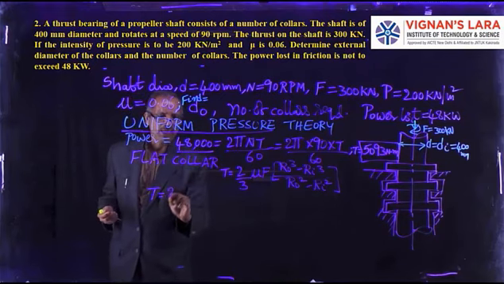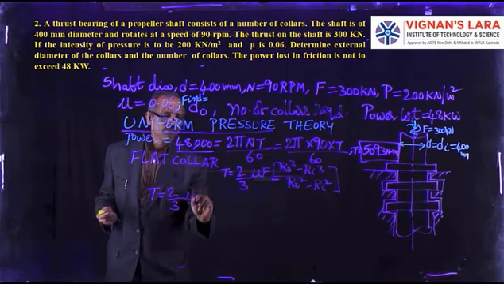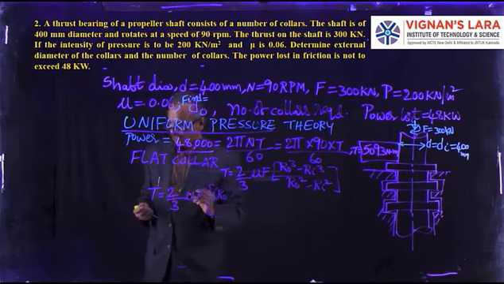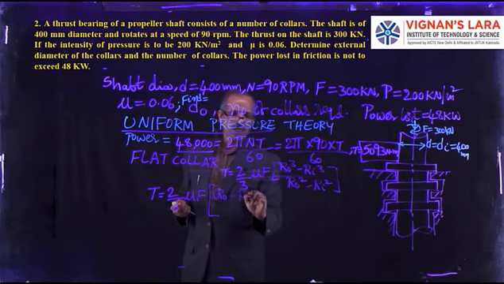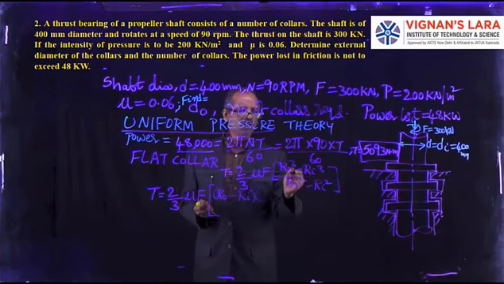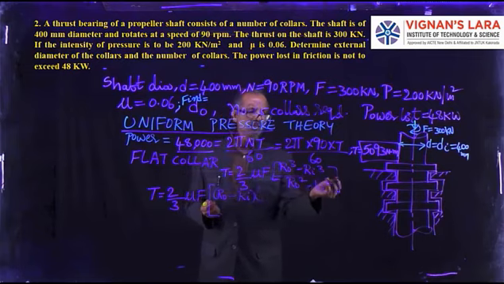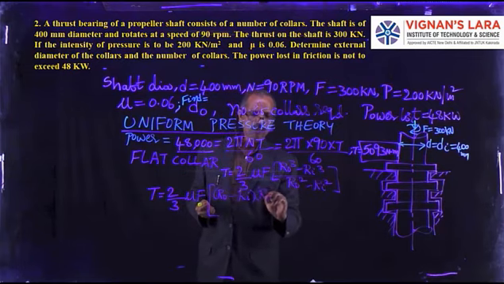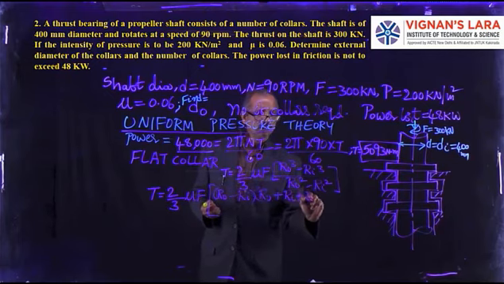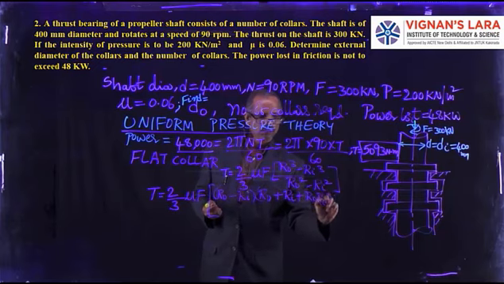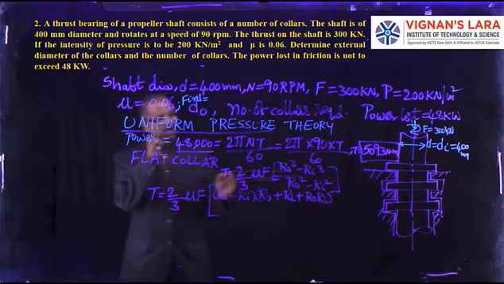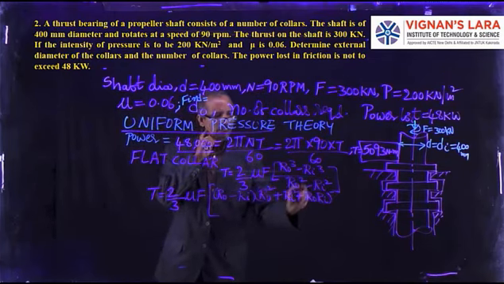So that is (R naught minus Ri) into (R naught square plus Ri square plus R naught Ri).